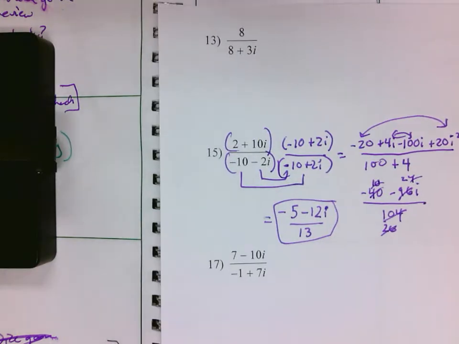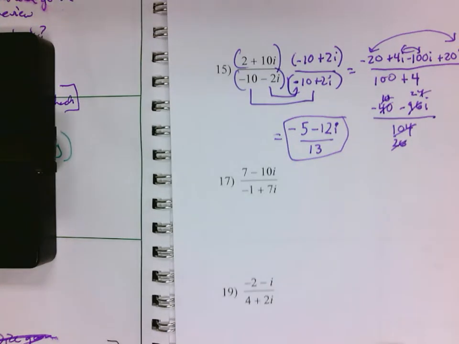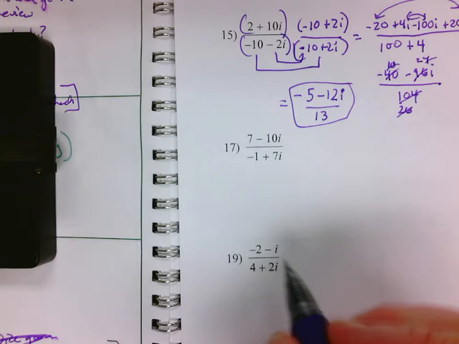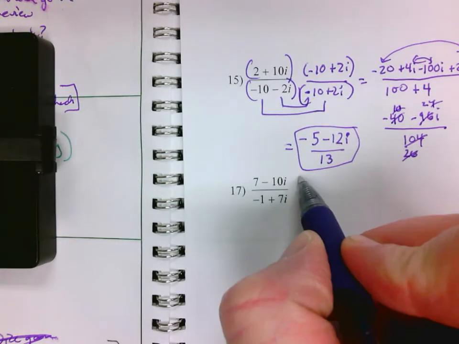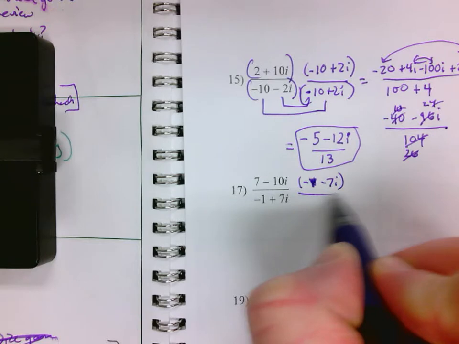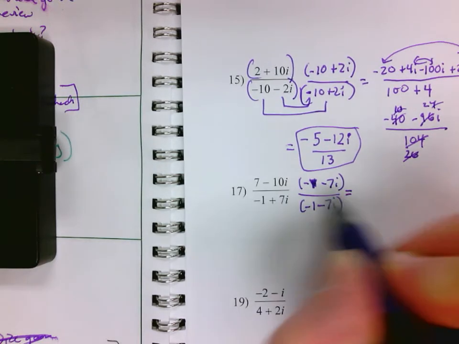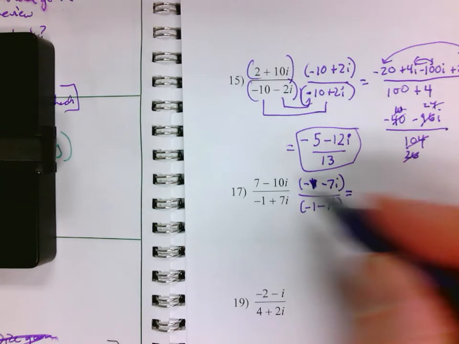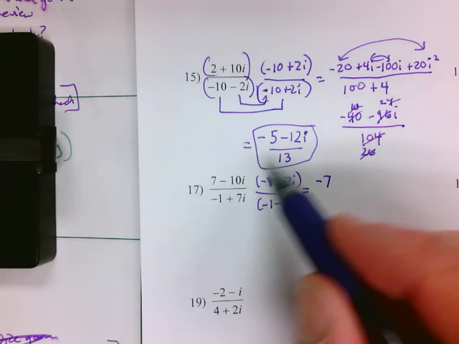Do another one here, multiply by the conjugate. Otherwise the steps are just the same. Just got to be careful. Negative 1 minus 7i over negative 1 minus 7i. So multiply the first, you get negative 7 minus 49.